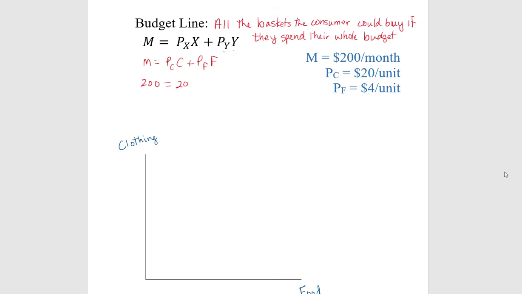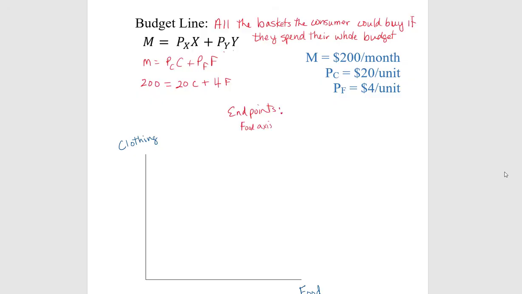This is really $20 per unit of clothing, plus the price of food, $4 per unit of food times the number of units of food. We get our budget line. We could rearrange this budget line, and I'll show you how to do that shortly, but let's go ahead and plot this. Because this is a straight line, as long as I have the two endpoints, I know what the budget line looks like. So I could just calculate the endpoints and get the line in between.